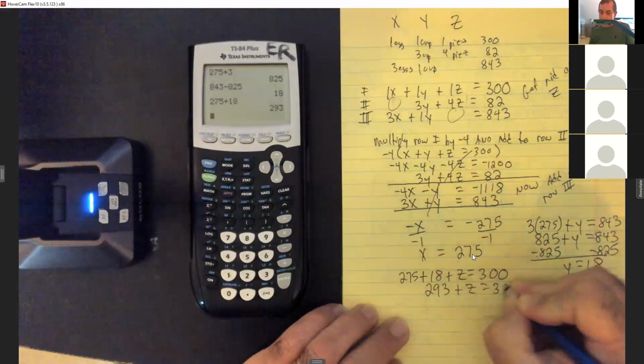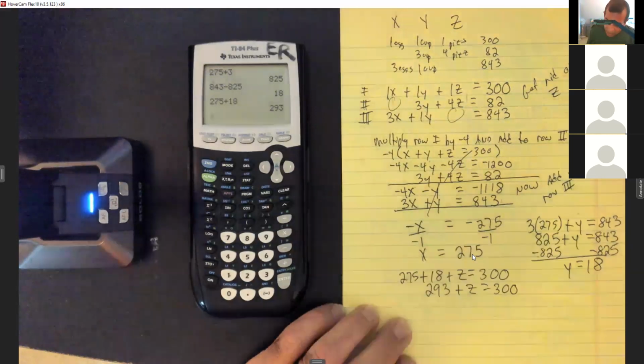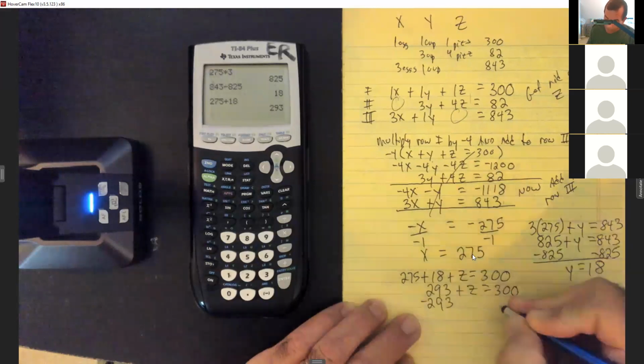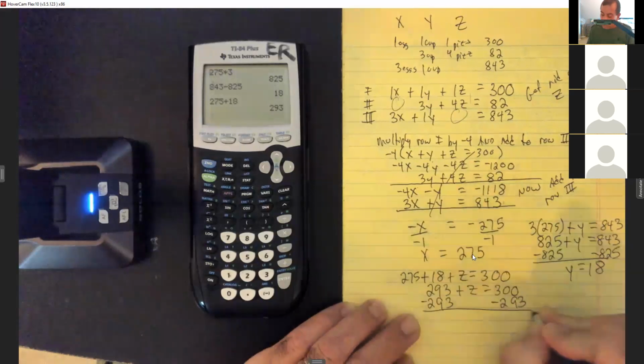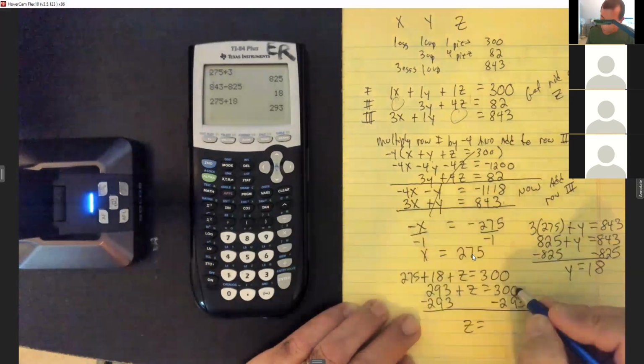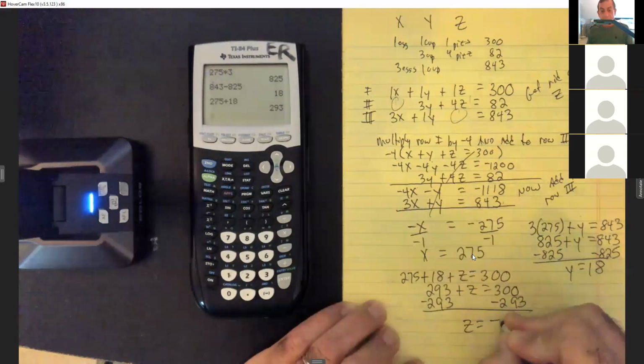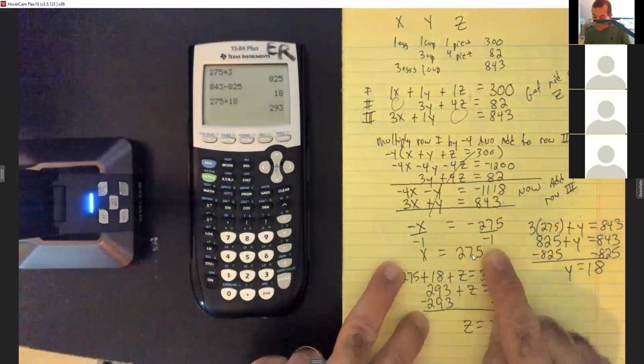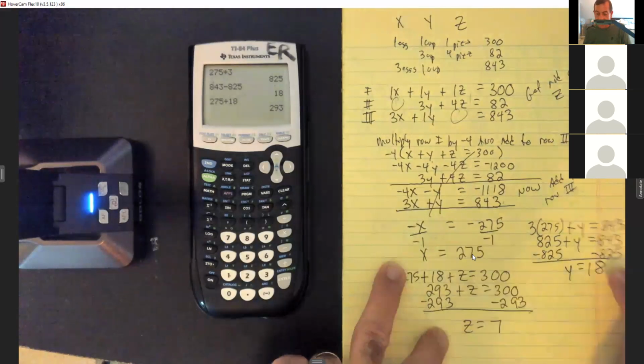And y'all, the last step to get the Z by itself is to subtract 293 from both sides. So that Z equals 300 minus 293 would be 7. Well, so the eggs are pretty high. Pizza, I mean, that was cupcakes and then my pizza.